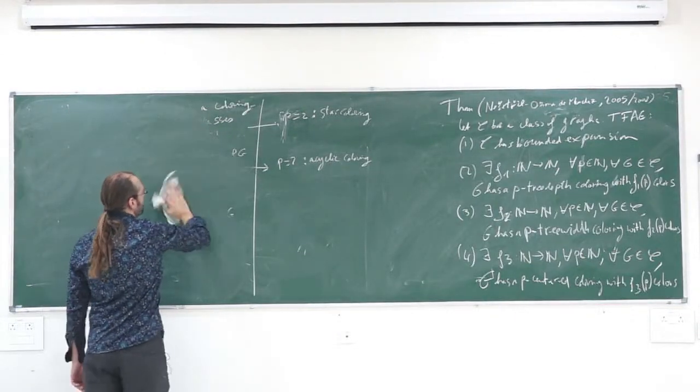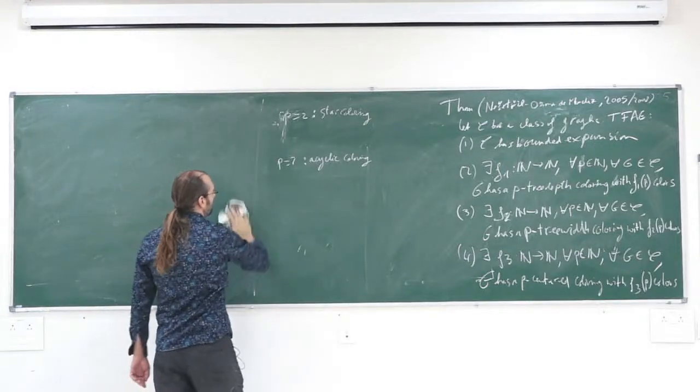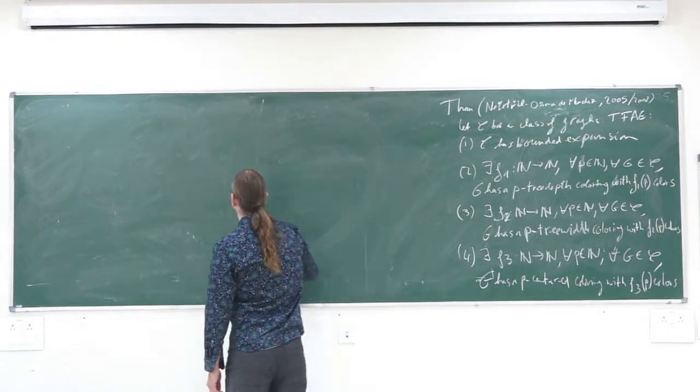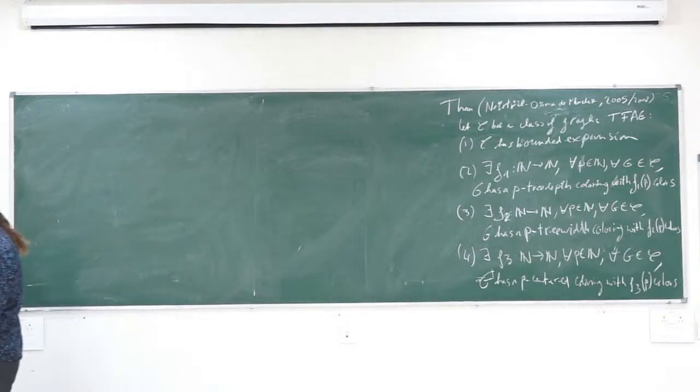And actually there are even more tools, which I can maybe mention briefly at the end, but I'm not sure if they give characterizations. There are more properties which are very nice and can also be very helpful.